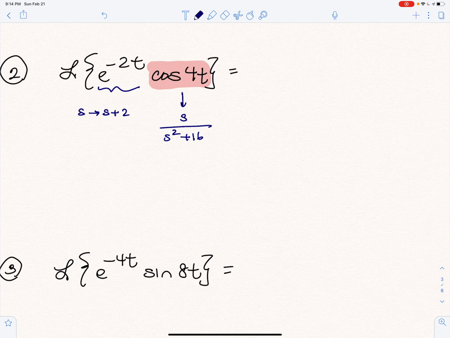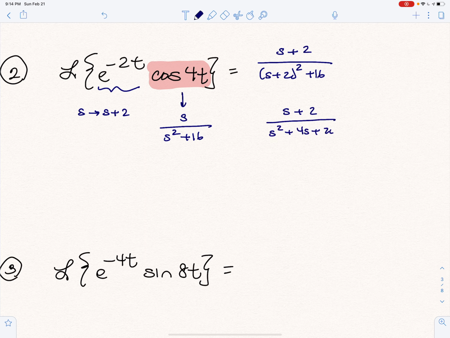So the Laplace transform of e to the negative 2t cosine of 4t is s plus 2 over the quantity s plus 2 squared plus 16, which could also be written, if you're feeling motivated, as s plus 2 over s squared plus 4s plus 20.